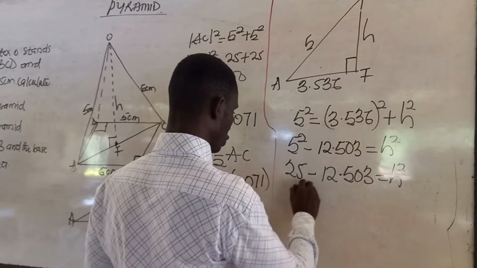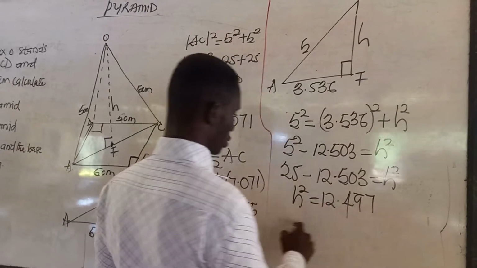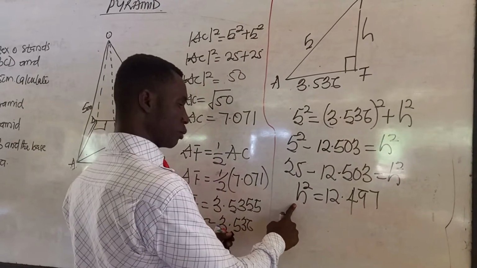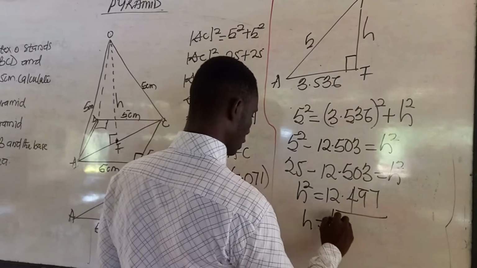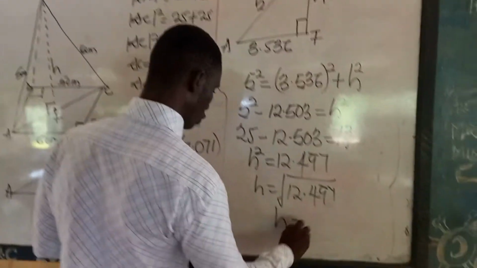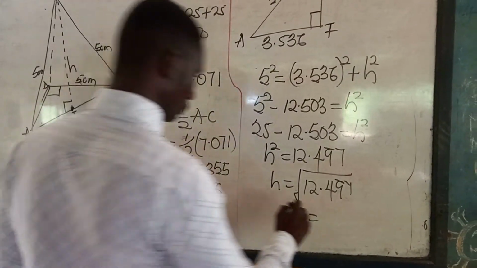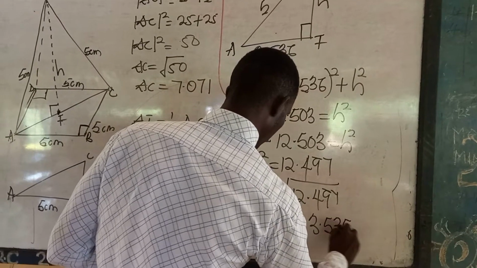So h squared is equal to 12.497. So what do you do? You square root both sides. So h is equal to the square root of 12.497, and h will be equal to 3.535.